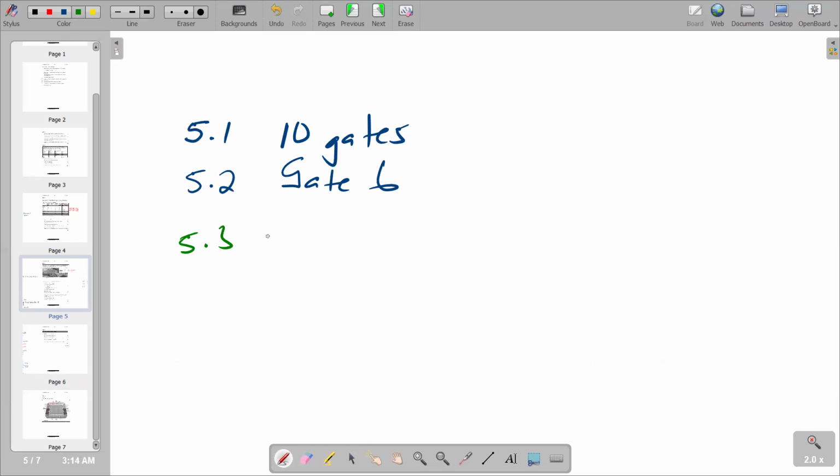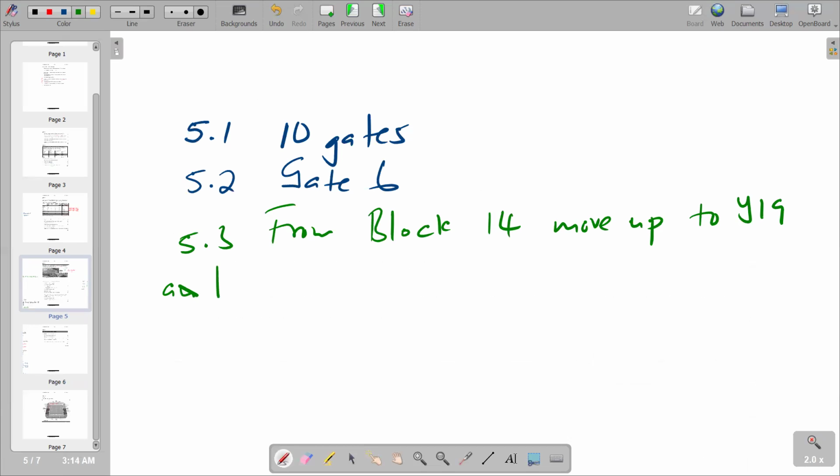For block 14, move up to Y19 and turn right. Turn right until Y23. So this is what we have on the 5.3.